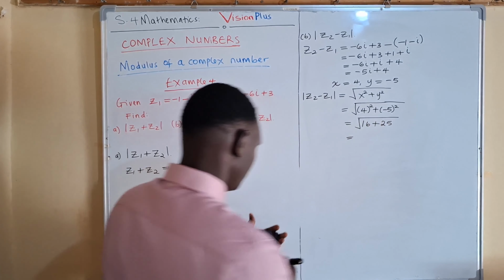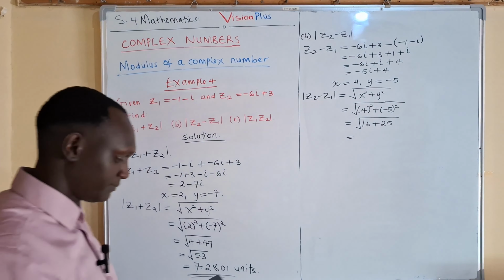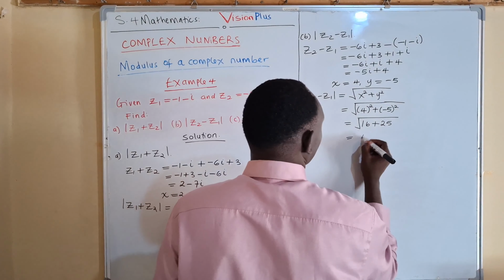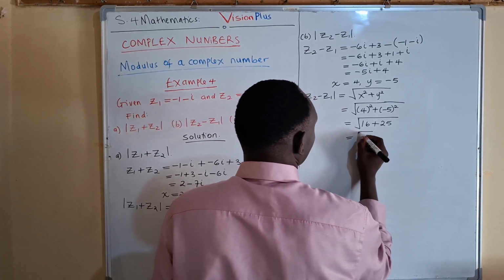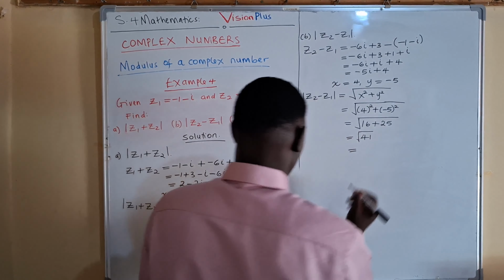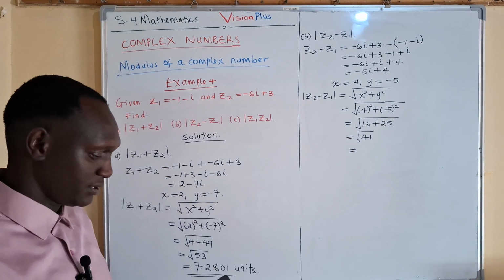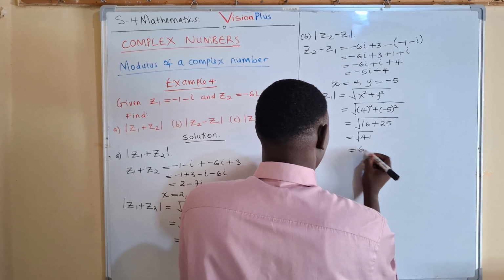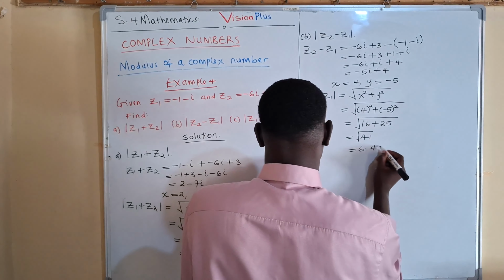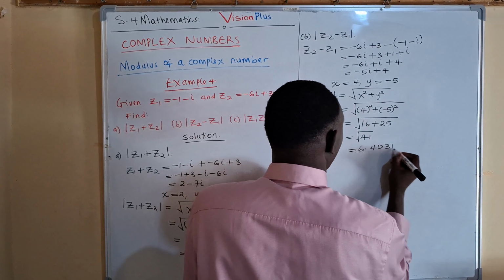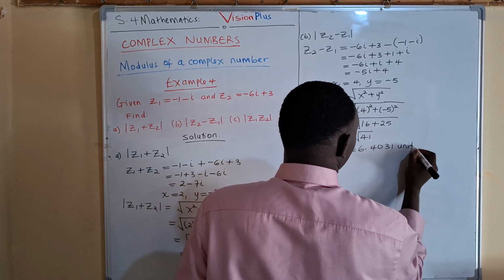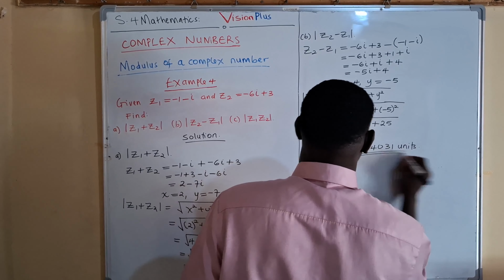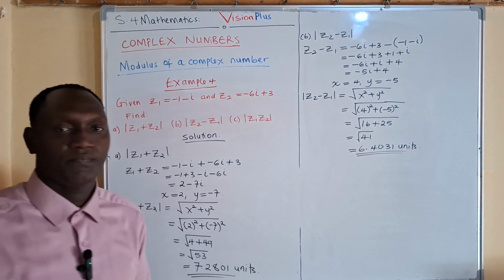Then we add 16 plus 25, that is 41. Square root of 41, and you press the square root of 41. It is 6.4031 units. So this is the answer for part B.